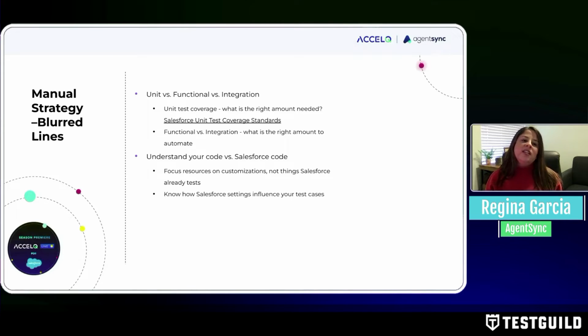What does AgentSync code touch? Where is AgentSync integrated? And make sure that those areas are tested. We're not going to spend time reinventing the wheel. We know that Salesforce has their testers, so we're going to let them do their job, and we're going to focus on doing our job. And that's going to include how we write our automation tests and how we continue to manually test in the future.